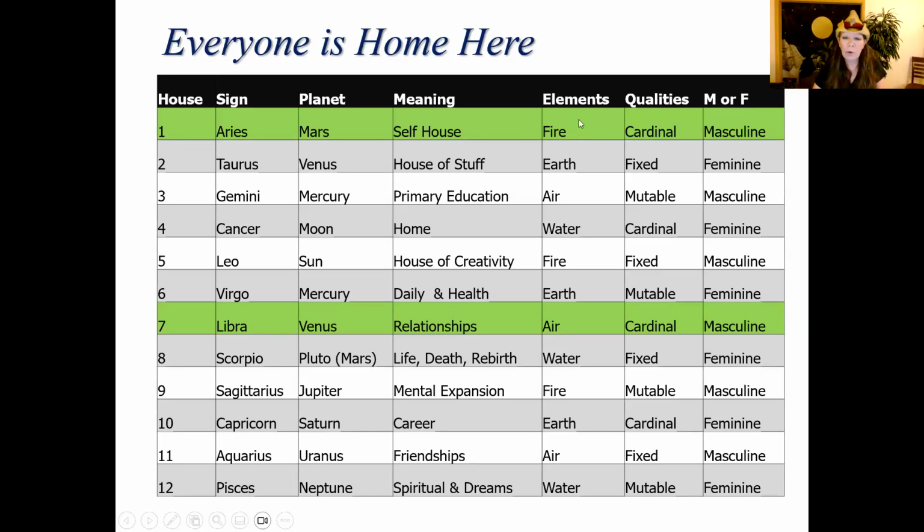Remember the elements in order: fire, earth, air, water, repeating. The qualities in order: cardinal, fixed, mutable, repeating. Masculine, feminine, always alternating, all the way down. But this is the dynamic.